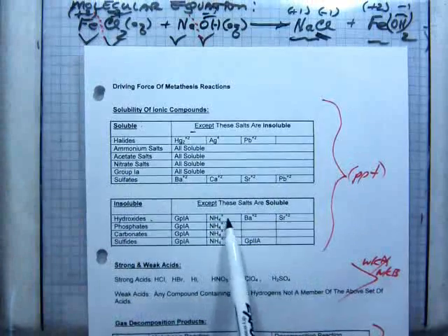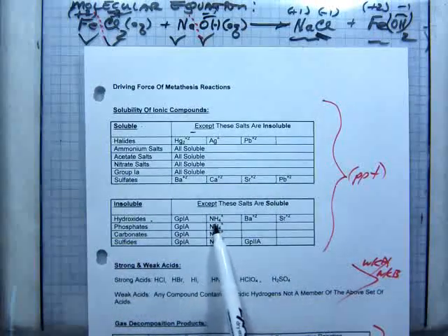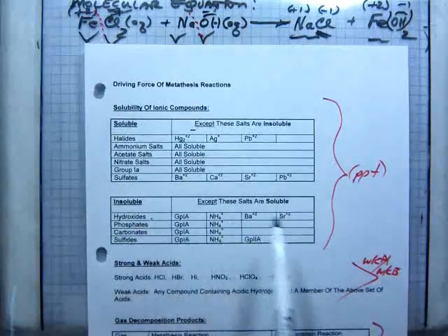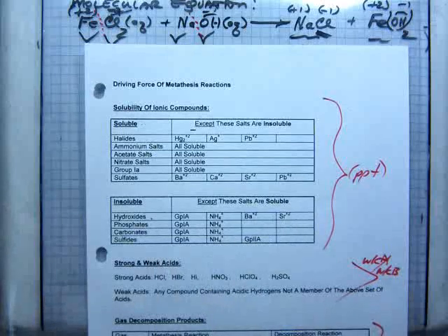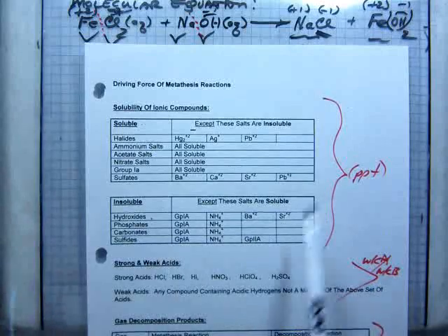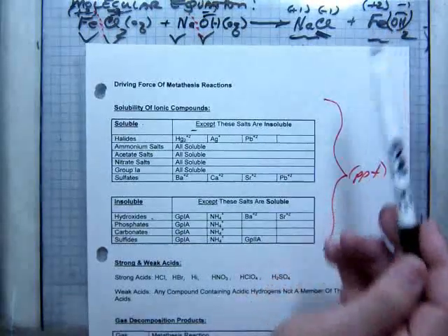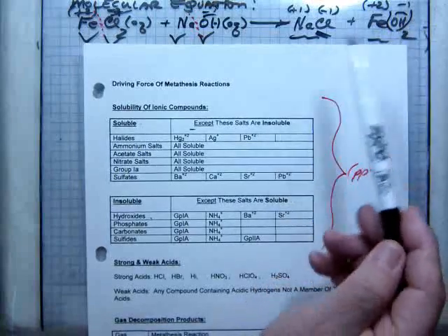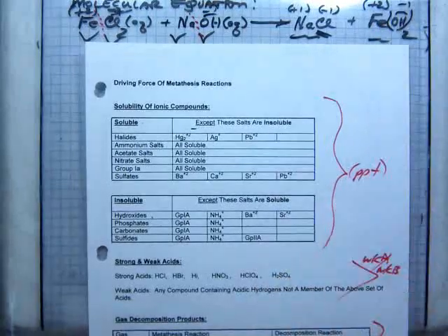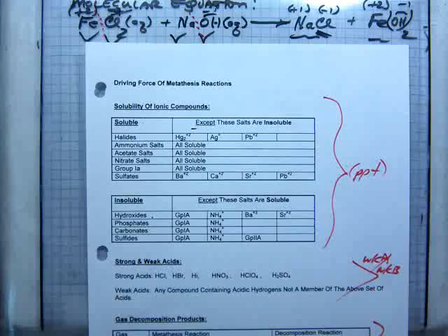And ammonium hydroxides, barium and strontium hydroxides are soluble, and they will not be driving forces. That is, if this was a barium hydroxide or strontium hydroxide or an ammonium hydroxide or lithium hydroxide, not a driving force.